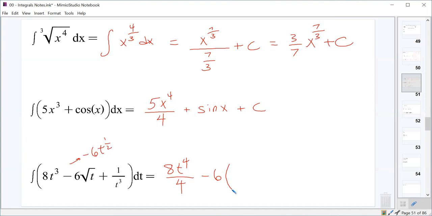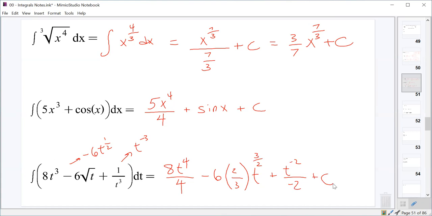Well, dividing by 3/2 is the same as multiplying by 2/3. So we'll have 6 times 2/3, t to the 3/2. And then this one, 1 over t cubed, that's t to the -3. So we'll go up to t to the -2, and then divide by -2. So we have plus t to the -2 over -2 plus a constant.